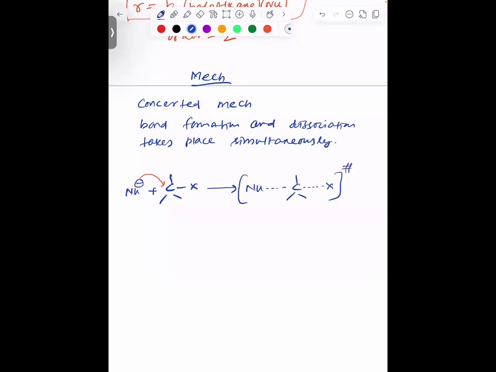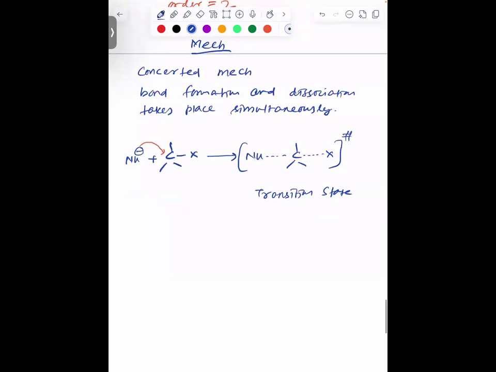So the intermediate formed is known as the transition state or activated complex. From this state, it may lead to product formation or it may reverse back to the reactant.